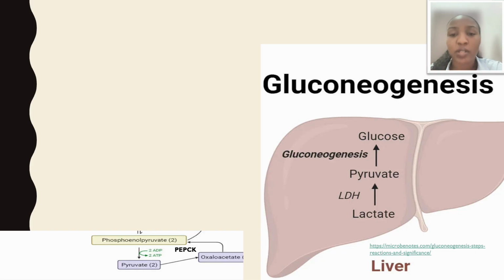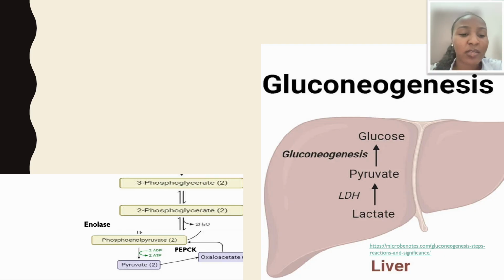Pyruvate would then be converted into oxaloacetate, and right there, oxaloacetate would be converted into phosphoenolpyruvate. It would not need to be reduced into malate and then reoxidized. It would just happen with ease. There's no need for transporting it out. But since we're talking about pyruvate as the start of this pathway, we're going to keep it that way.